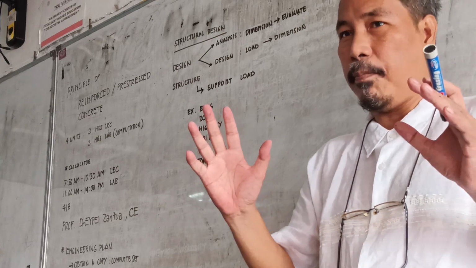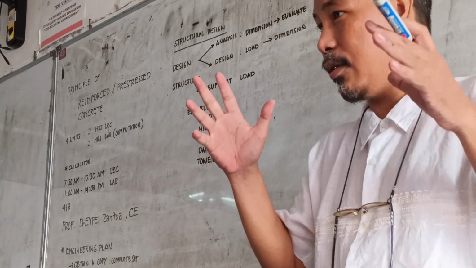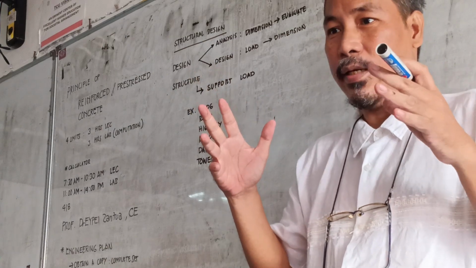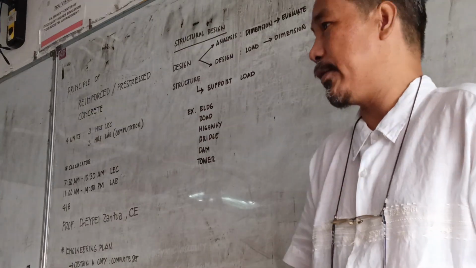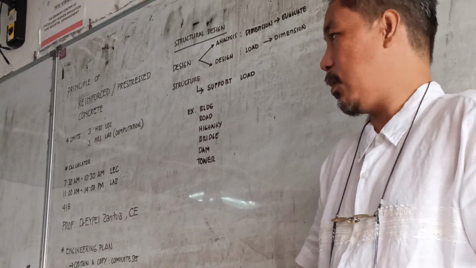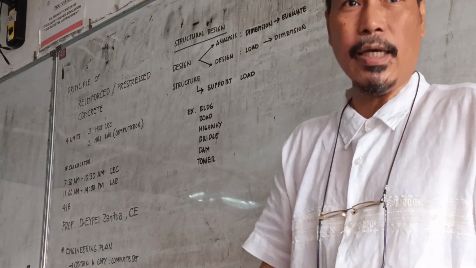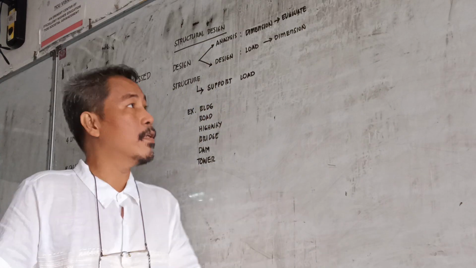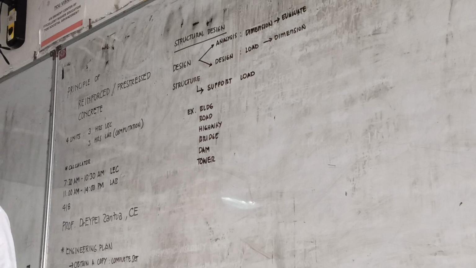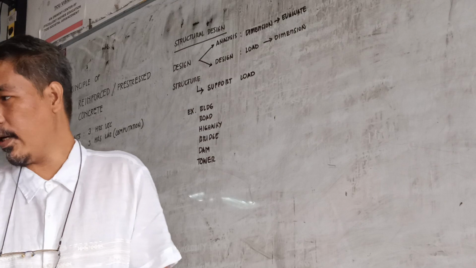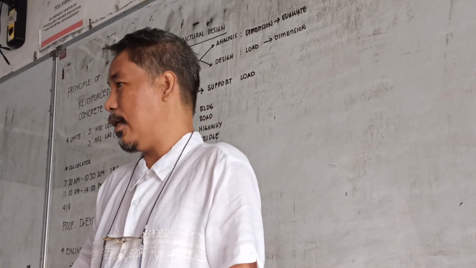So those parts, those components that do not specifically function to support the load, are what we call non-structural components. Walls are not designed to support the load. They are not structural components. For example, windows and doors are a necessity in a room, they must be there, but they are not structural.